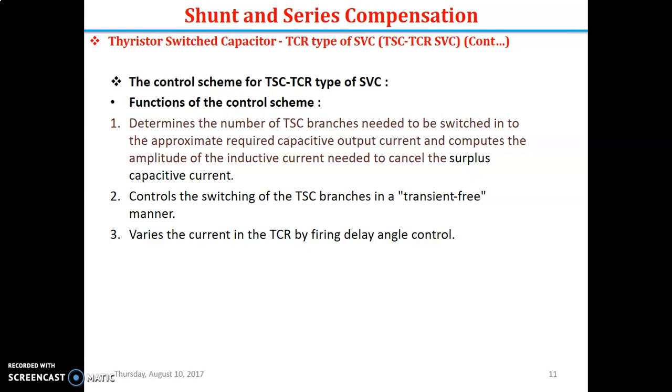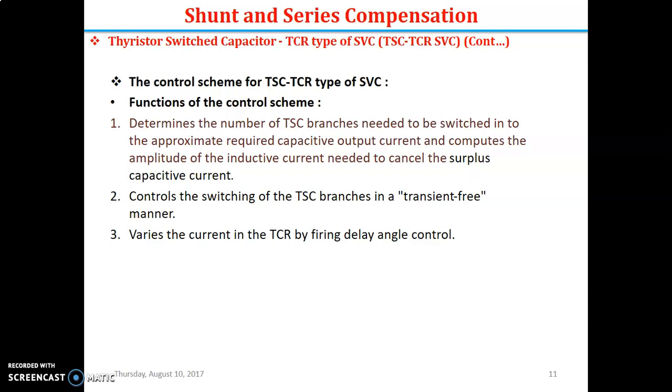So the control scheme first determines the number of TSC branches needed to be switched in order to approximate the required capacitive output current and computes the amplitude of the inductive current needed to cancel the surplus capacitive current. So for our example of 8 MVAR, suppose we require 5.3 MVAR, then it will round up to the number n, so that number will be equal to 6.